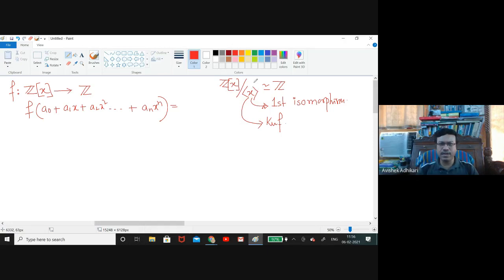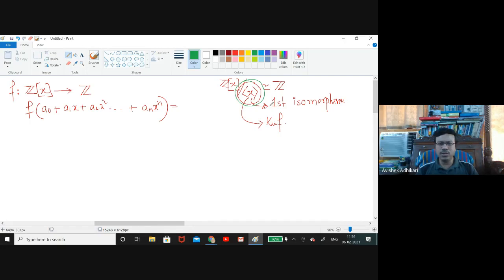But before that, this symbol you may not be aware of. So what does it mean? Okay, first I will go for that and then I will come to this problem once again. So what does this symbol look like in terms of ring theory?